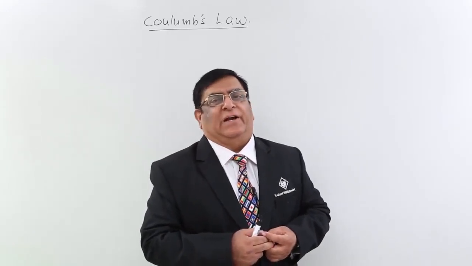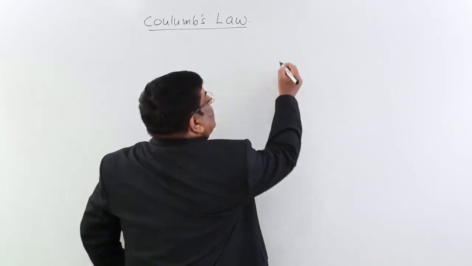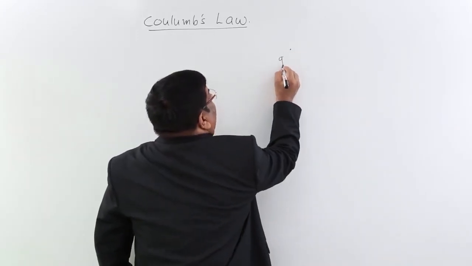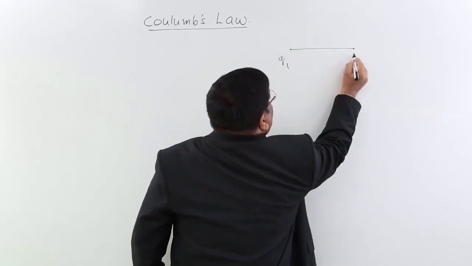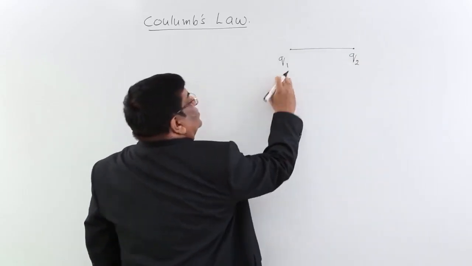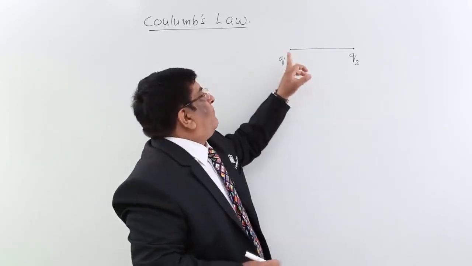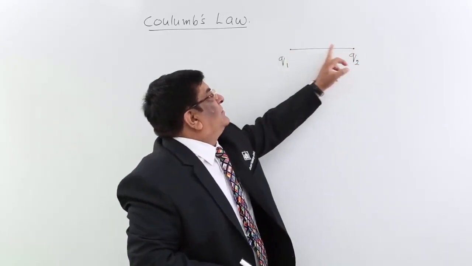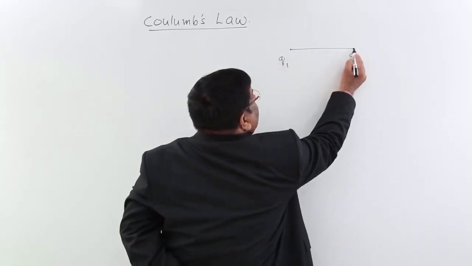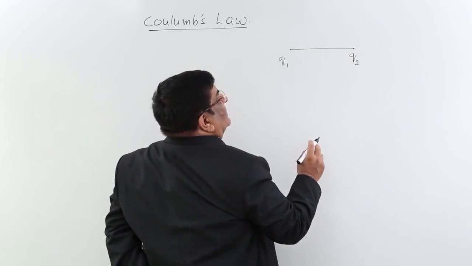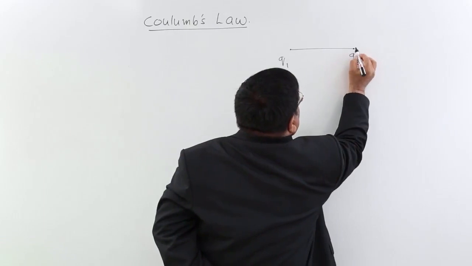Coulomb said that if there are two particles having electrical charge, one particle having charge of magnitude q1 and another particle having charge of magnitude q2, then there will be a force. This will apply force on that, and that will apply force on this. The force will be in a direction along the line joining the two charges.